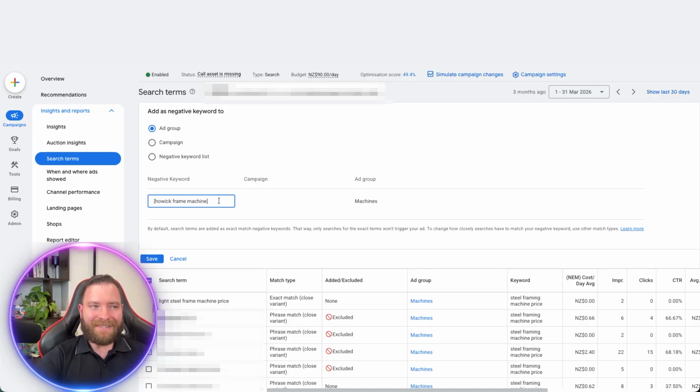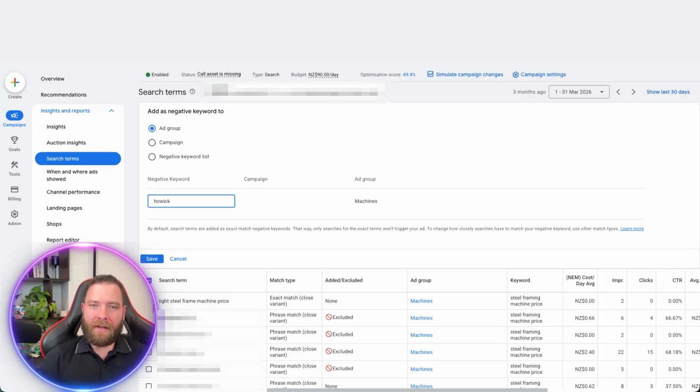So what you want to do in this instance is get as close to the root word itself. Adding a negative keyword for just Howick as a broad term is going to give you the best coverage to exclude any variations of Howick at all, right?